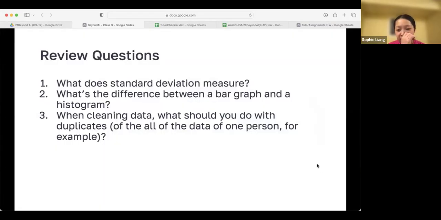Okay, so review of yesterday. What does standard deviation measure? What's the difference between a bar graph and a histogram? And when cleaning data, what should you do with the duplicates? And this is specifically about duplicates where, if you have a person, all of their data is duplicated.